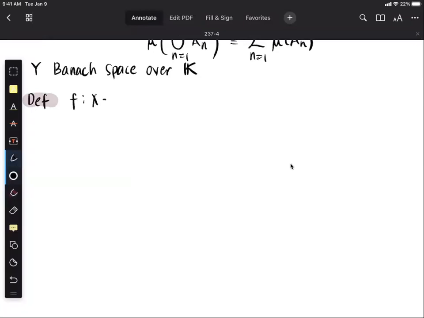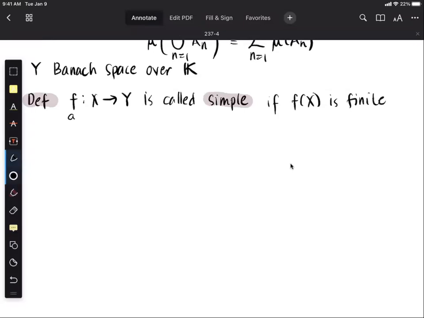A function from X to Y will be called simple if the range is finite, so f of X is finite, and the inverse images of singletons, more precisely we should write this with parentheses but for simplicity of notation we ignore them, are in the algebra for any y in the image.